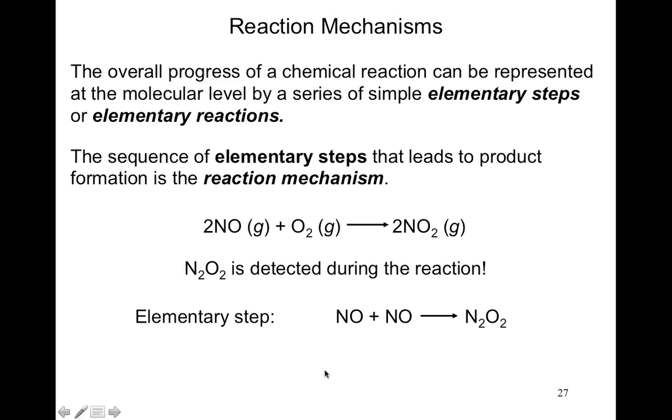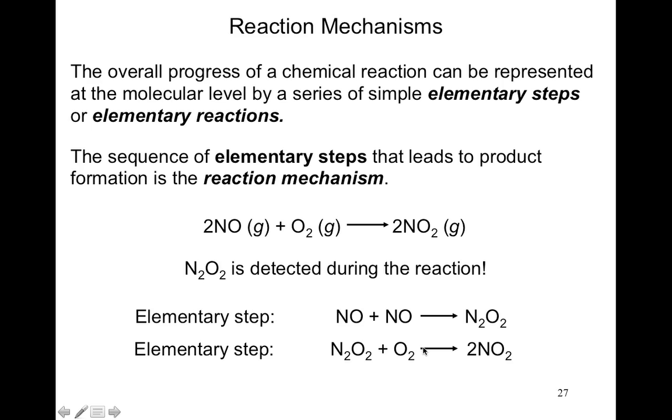So let's say there's an elementary step. Maybe if we take one nitrogen monoxide and one nitrogen monoxide, we can form that N2O2. That's our first step. Then we take that N2O2, react it with oxygen, and we end up getting NO2, because that would be two nitrogens and four oxygens, and that's what you'd have here, two nitrogens and four oxygens.